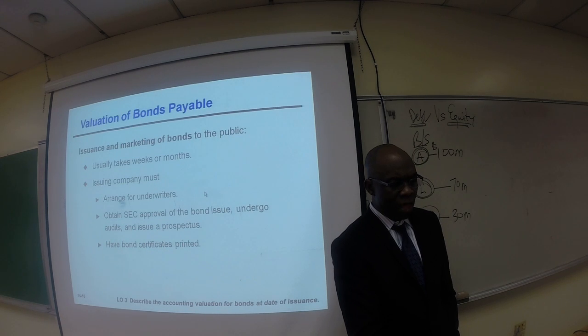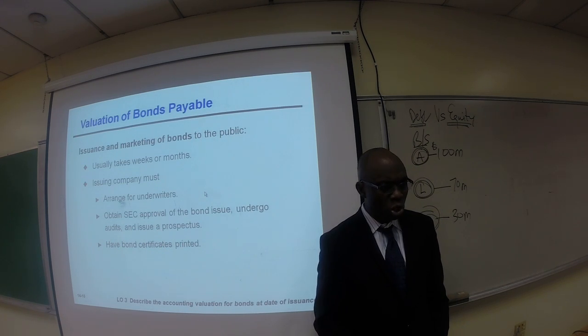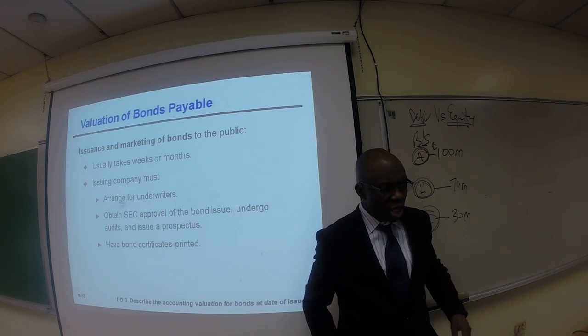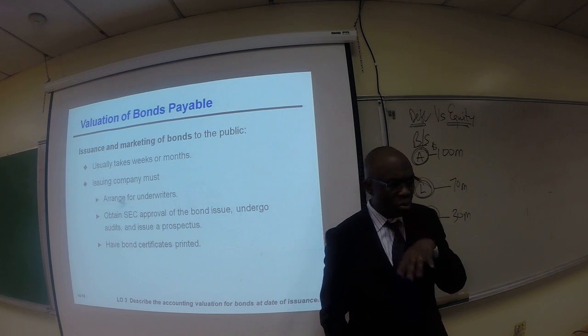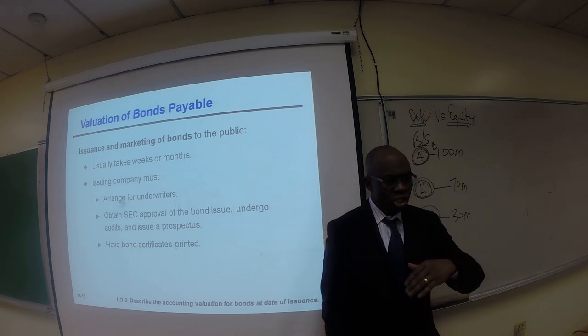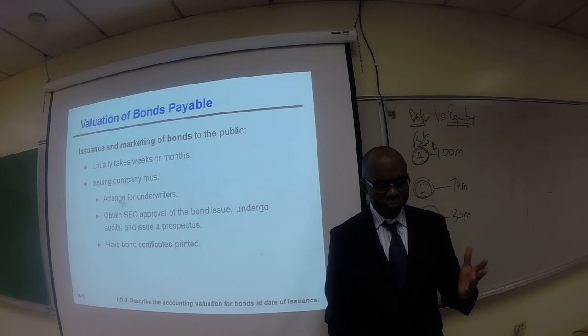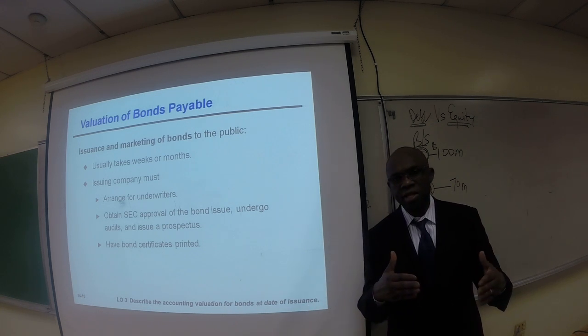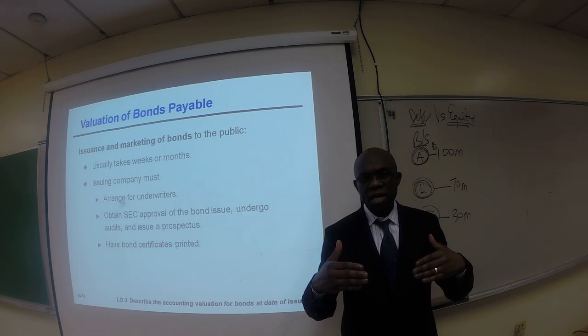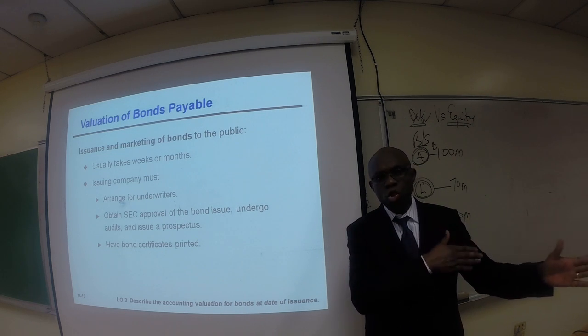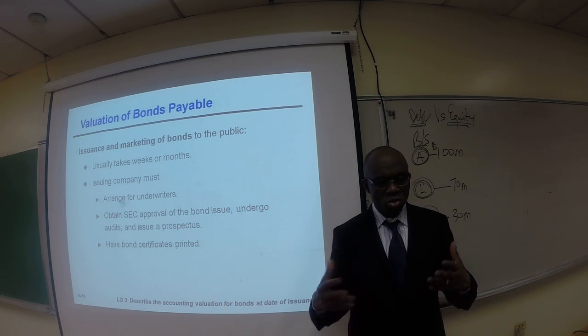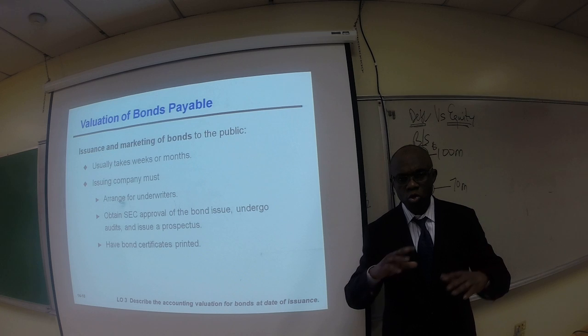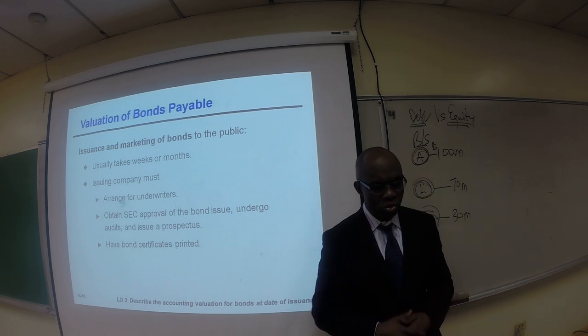Now, moving along, let's take a look at the valuation of bonds payable. Issuance and marketing of bonds to the public usually takes weeks or months. The issuing company has to make an arrangement with underwriters. Underwriters are the companies that serve between the issuing company and the investors. The underwriters are responsible for doing all the legal paperwork, so on and so forth.